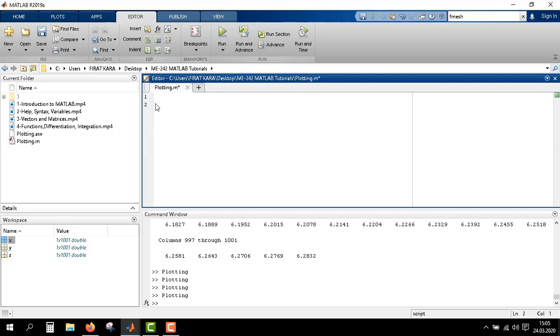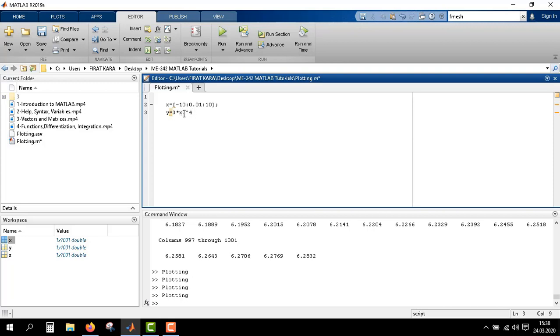Let's define a function which has independent variable values of x from -10 to 10 with an increment of 0.01. Okay, and the function can be y equals 3 times x to the power of 4.